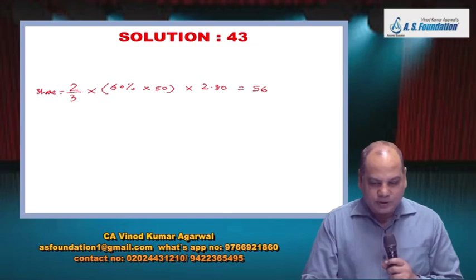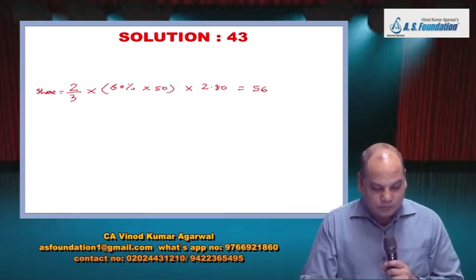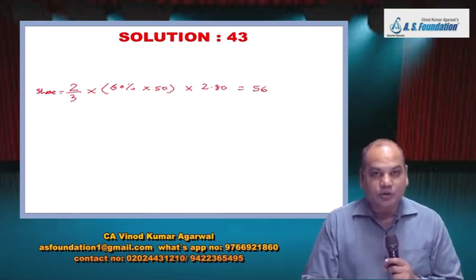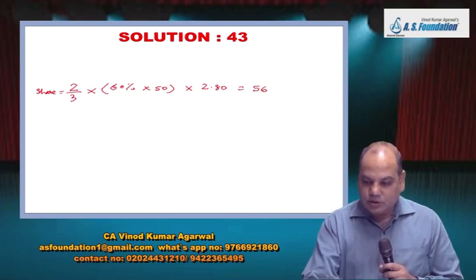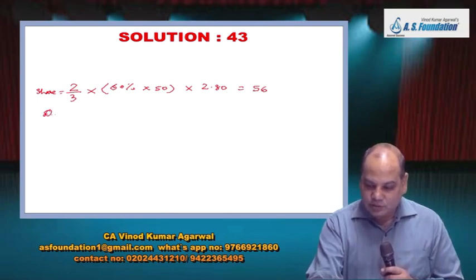Alpha agreed to pay a total of 24.2 million to former shareholders of Gamma on 30th September 2017. Now, 30th September 2017 means it is a deferred consideration.